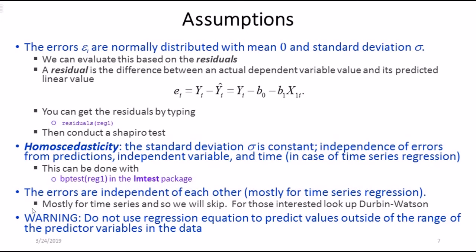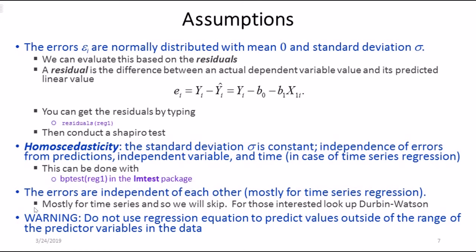This function is in the lmtest package. The last assumption is that the errors are independent from each other. It is noted that the regression equation shouldn't be used to predict values outside the range of predictor variables in the data. How do we measure variations?